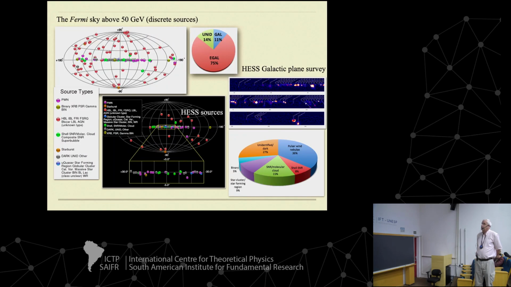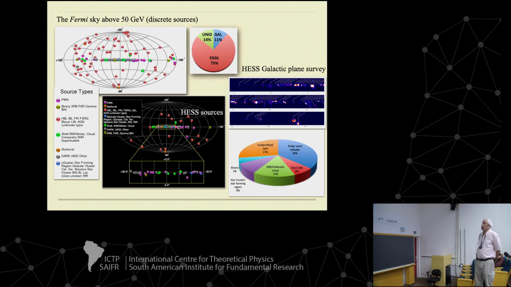If we go to higher energies, then we have fewer sources. This is the Fermi sky above 50 giga-electron volts. Here, most of the sources, once again, are extragalactic, 75% of them.